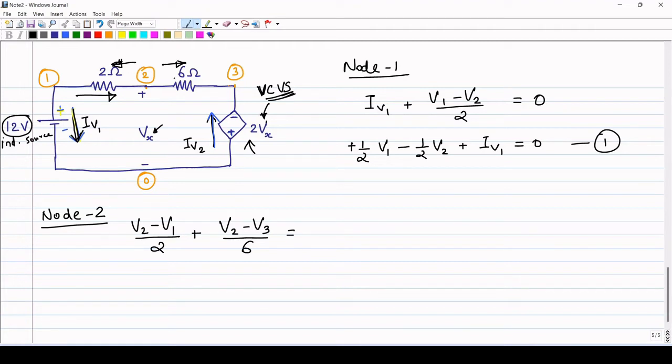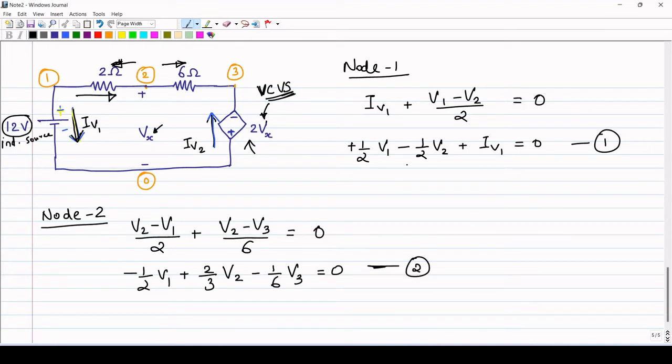So there are 2 currents flowing out, and the algebraic sum is 0. On simplification, we can write minus half V1 plus (1 by 2 plus 1 by 6), so it will be 8 by 12 or 2 by 3 V2, minus 1 by 6 V3 equal to 0. So this is our second equation.